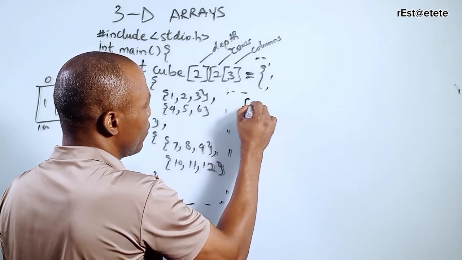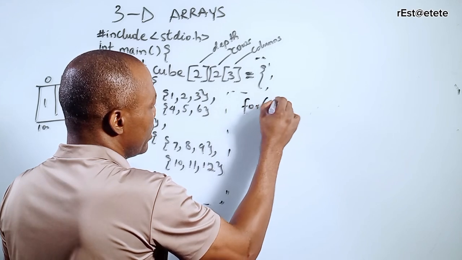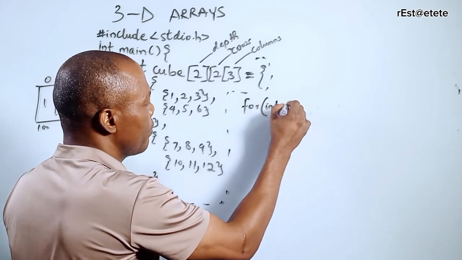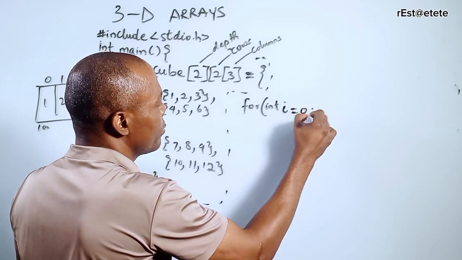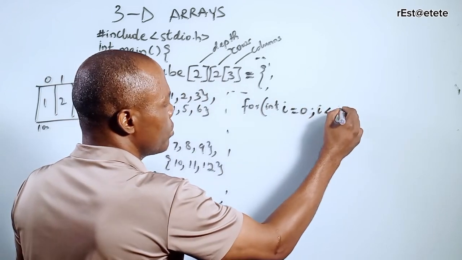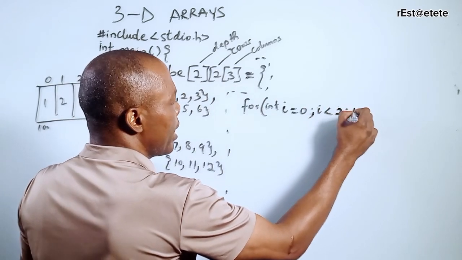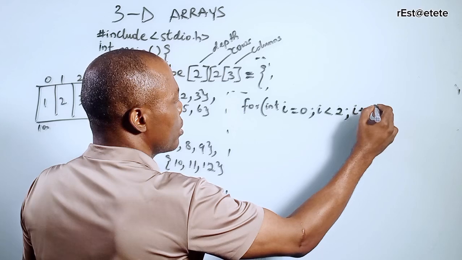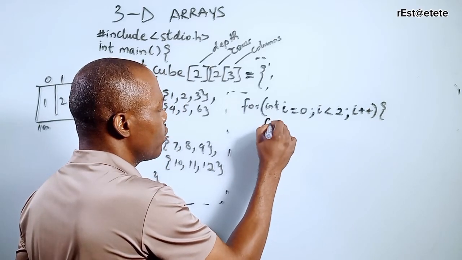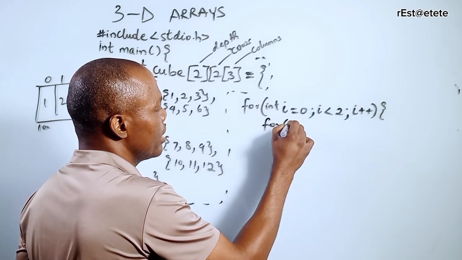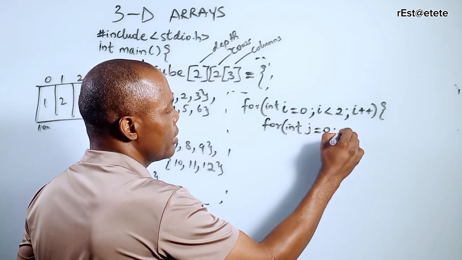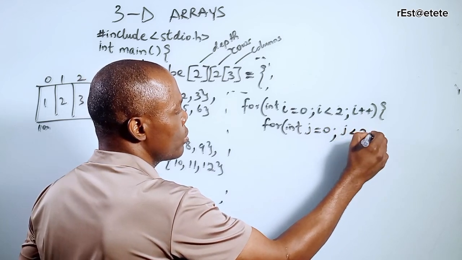So for int i, I'm declaring the variables inside the for loops. For int i, assign 0. Then i less than depth, 2. Then i plus plus. Inside this loop, we have another for loop. So this one is int j, assign 0. j less than 2.